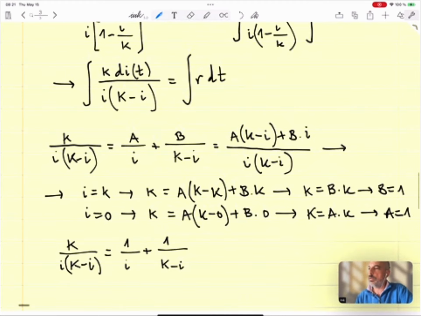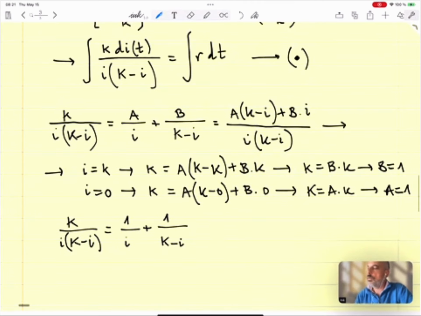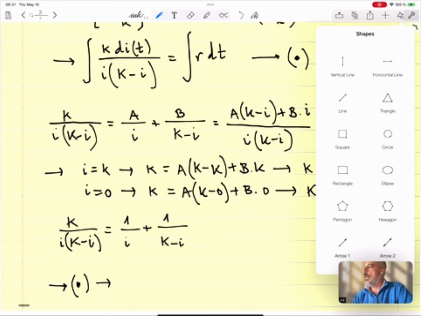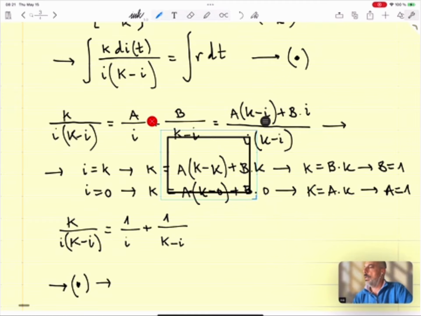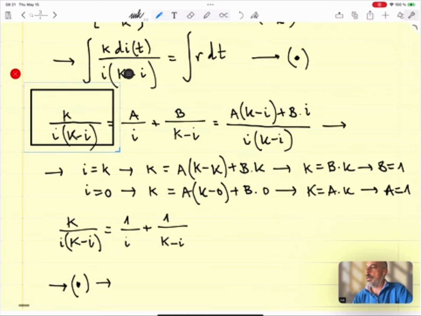So we can continue our equation above. This is just a separation of the variables.